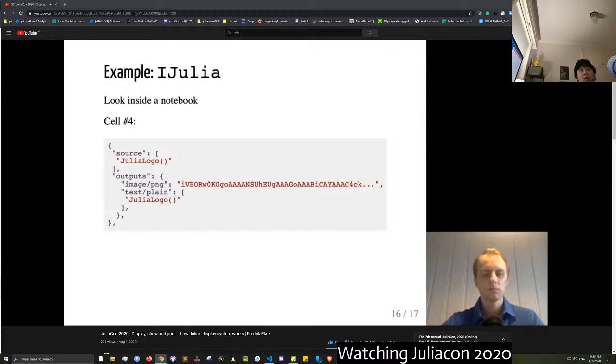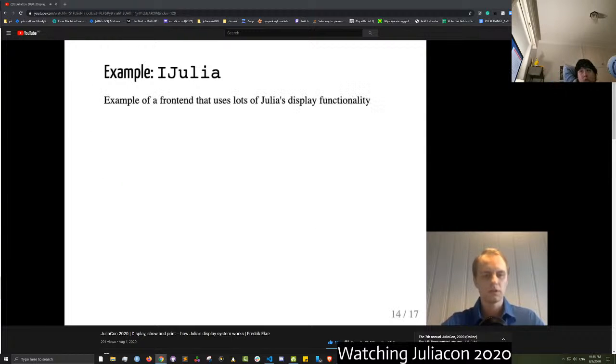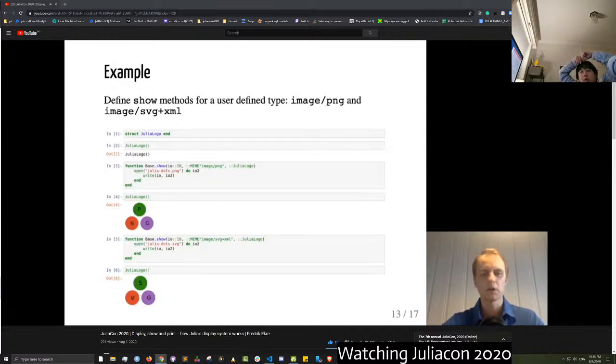But as you saw here on this slide, the output that we are actually presented with is the PNG version of the output. So it was now the browser or the backend that decided that since we are viewing the notebook in the browser, then we display the image version, because my browser is able to display images.